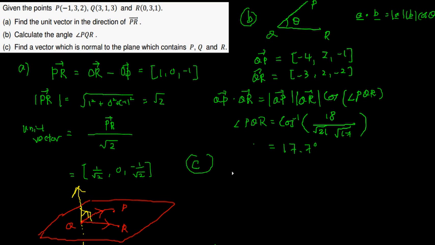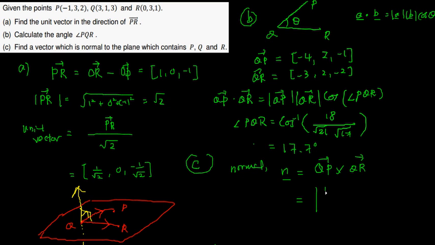So that's our idea. What we're talking about is the normal, which is defined as a vector that's perpendicular to a plane. And all we need to do is just perform QP cross QR.